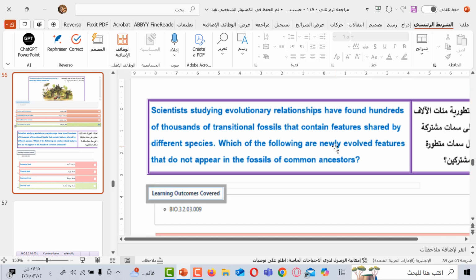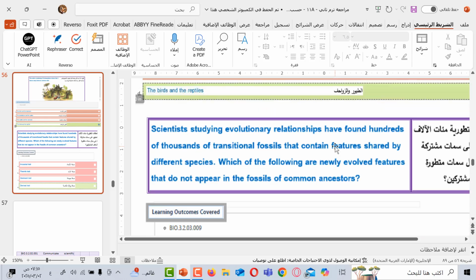We have three options: original features, ancestral features, and transitional fossil. Okay, the transitional fossil has some traits which are in the ancestral fossil, and the transitional fossil has another trait which is in the original organism.